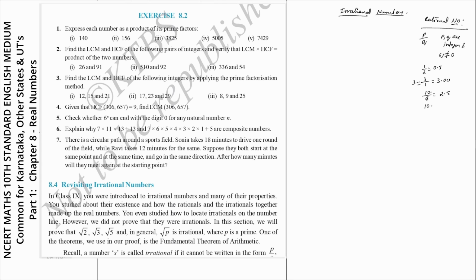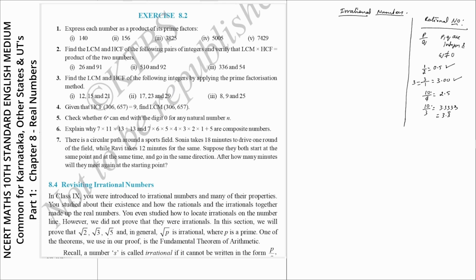Now, 10 by 3 is a rational number because 10 is an integer, 3 is an integer. If I evaluate this, I'll get 3.333, so the 3 is recurring. I can write it with a bar on top. In all rational numbers, there is one important thing we should notice: the decimal equivalent of a rational number is terminating or recurring.